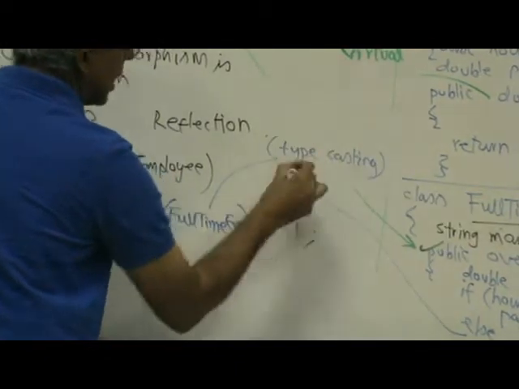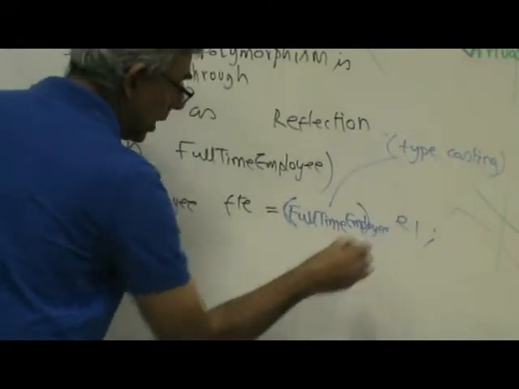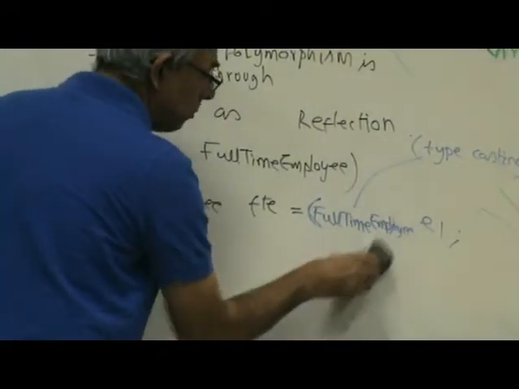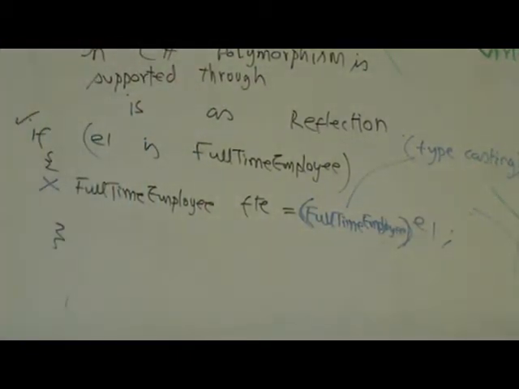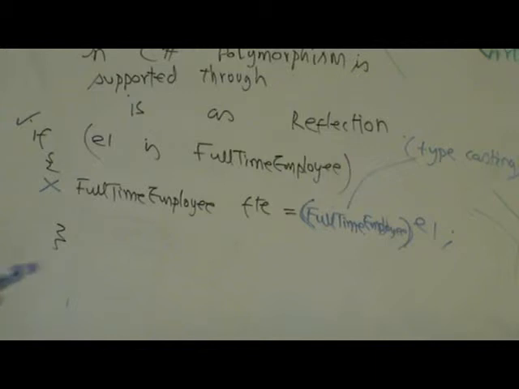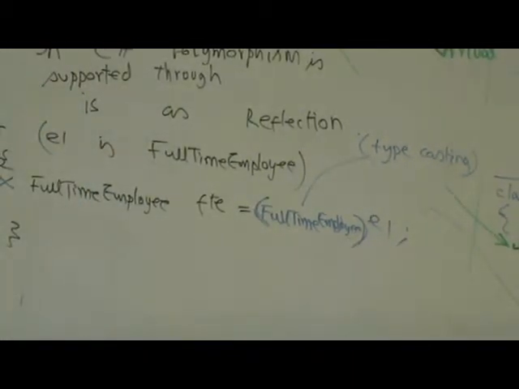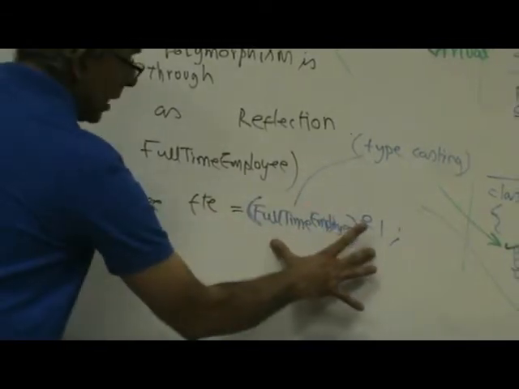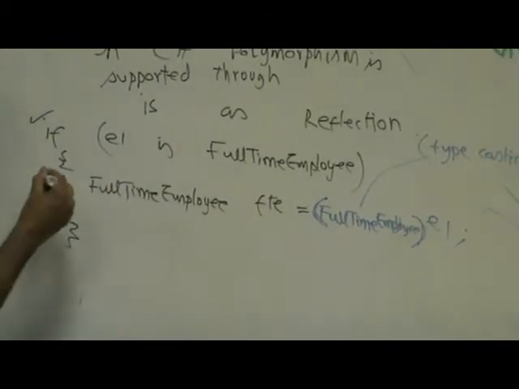Typecasting is basically converting one type to another, and we always put whatever type we are trying to convert to within parentheses before whatever variable we need to convert. Now we are telling the compiler it's okay to treat E1 as a full-time employee. So now the type of the right-hand side is full-time employee, the type of the left-hand side is too, so the compiler will say, all right, this is okay.